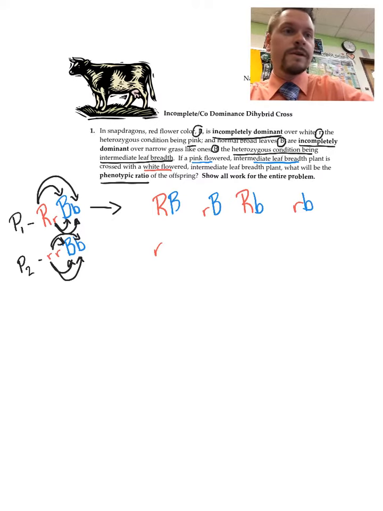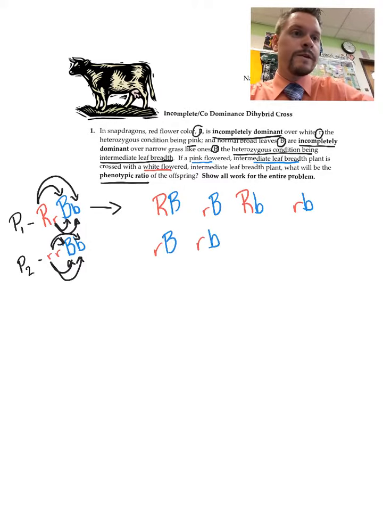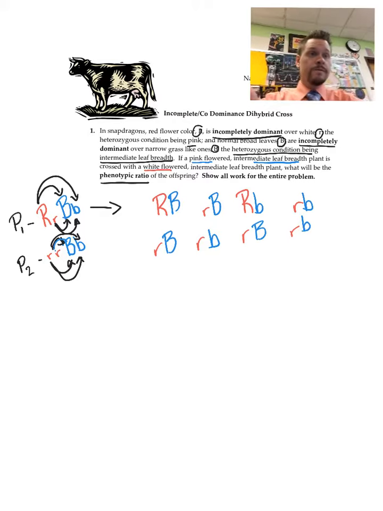Little r with a big B. Then you have little r with a little b. Then you do your next one, which is little r, big B. And then again, you have the exact same thing, repeat, and you have little r, little b. So that is step 2.